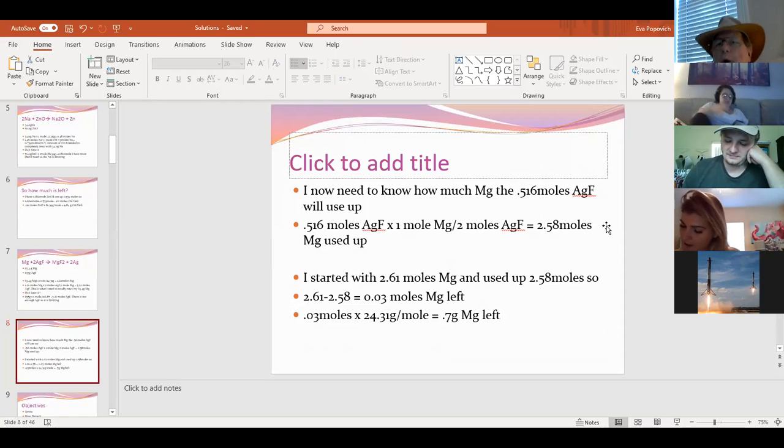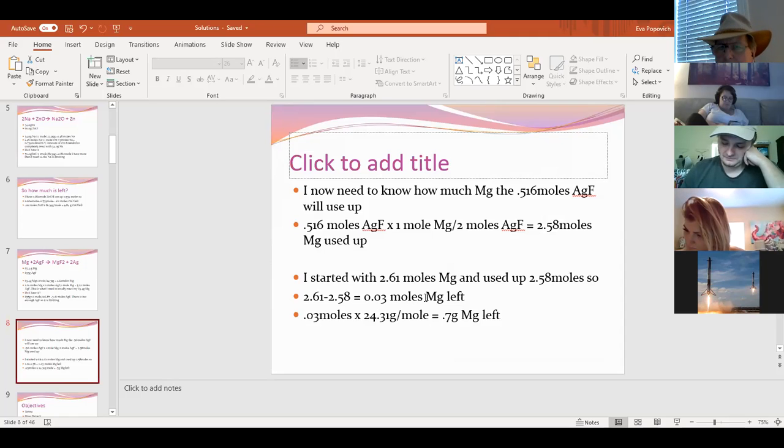To find out what's left, I took my 2.61, the original moles of magnesium, and subtracted the amount I used up. This left me with 0.03 moles of magnesium. To convert that to grams, I simply multiplied it by my atomic weight of magnesium over 1 mole. This gave me 0.7 grams of magnesium left.